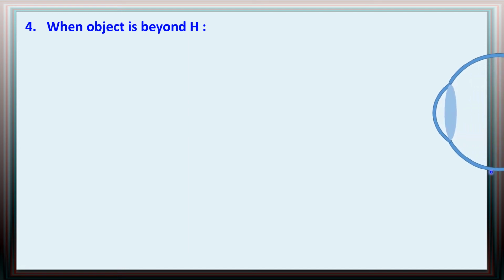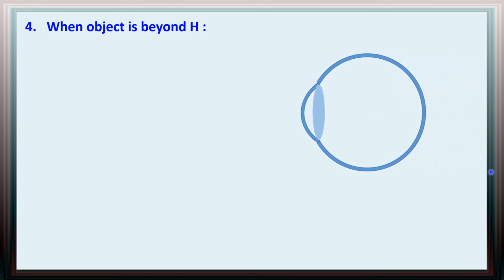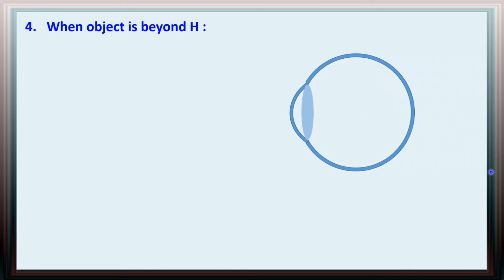Now let us place the point object beyond H. Okay. In this case also you can imagine, from H to infinity he doesn't have any problem. He can see things clearly. So L is the point of least distance of distinct vision. It is 25 centimeters. H is the near point.